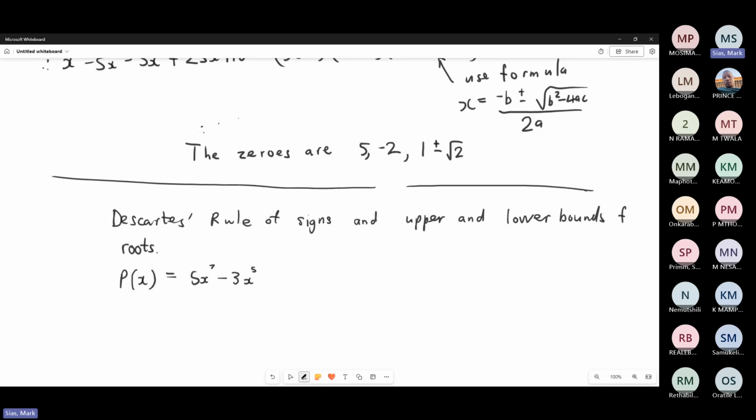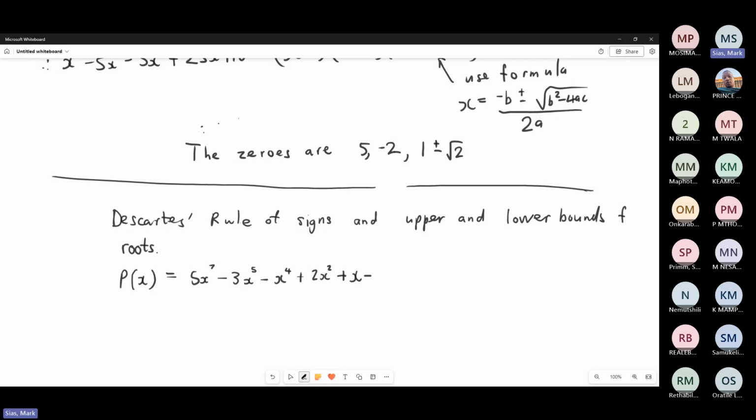Basically you check how the signs vary, and later you'll see how it comes into play when you check the upper and lower bounds of the roots, in what interval the roots are lying.